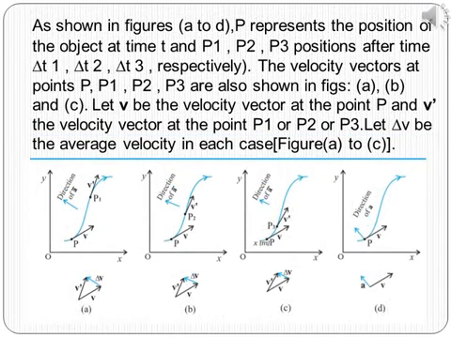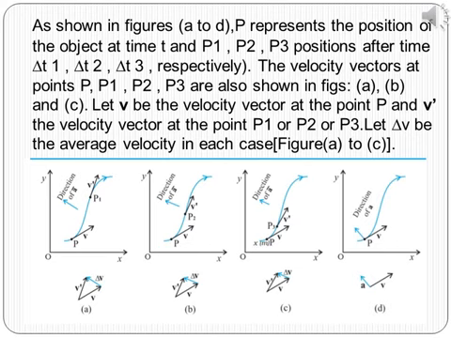From the figures A to D, P represents the position of the object at time t and P1, P2, P3 the positions after time delta t1, delta t2, delta t3 respectively. The velocity vectors at the points P, P1, P2 and P3 are also shown in figures A, B and C. Let V be the velocity vector at the point P and V dash be the velocity vector at the point P1 or P2 or P3.